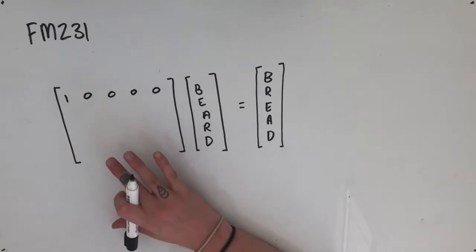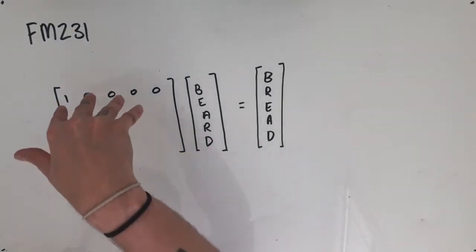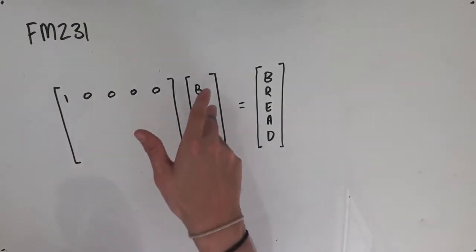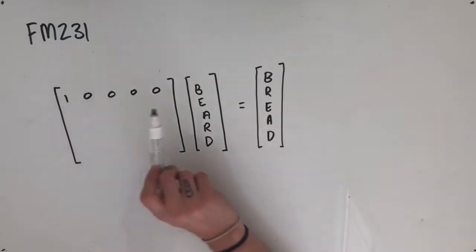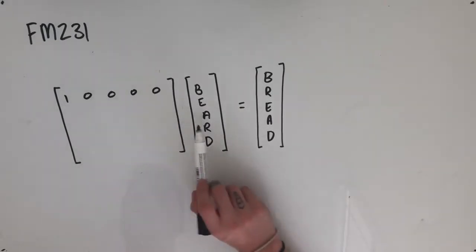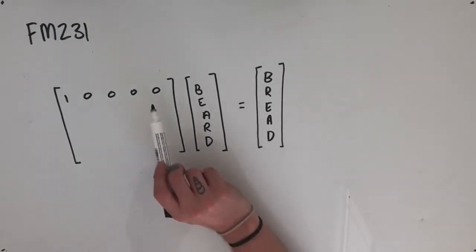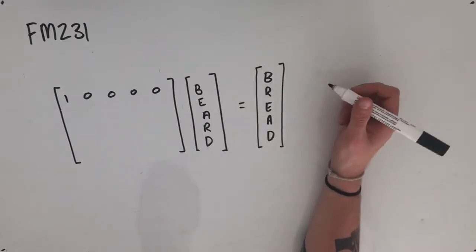Permutation matrices are made up of ones and zeros because when these 5 elements are multiplied and added with these 5, 1 times B will equal B, 0 times E is 0, 0 times A is 0, 0 times R is 0, and 0 times D will be 0. That will just leave us with a B.